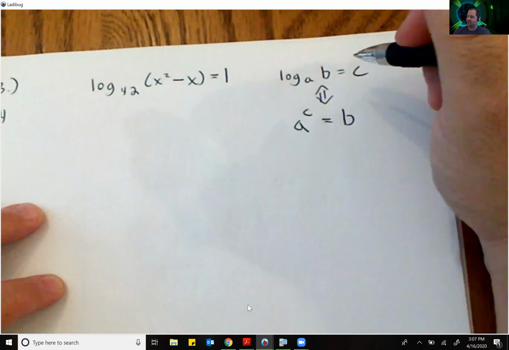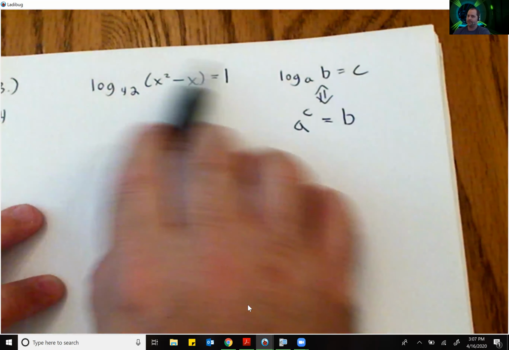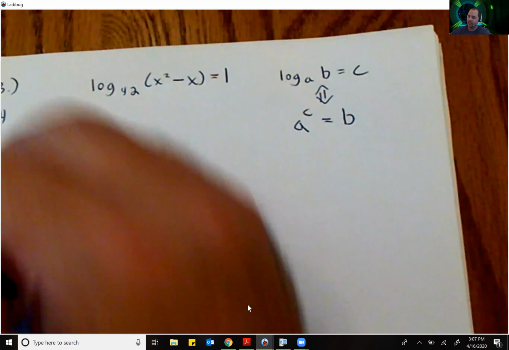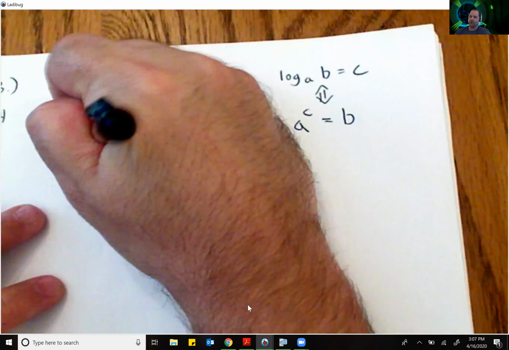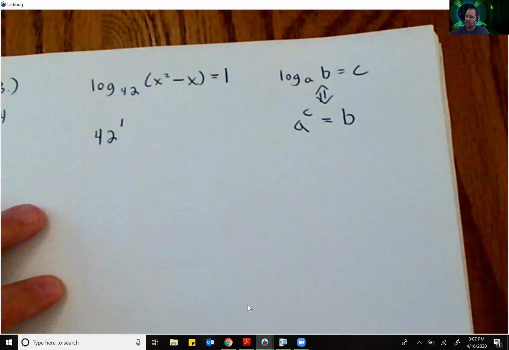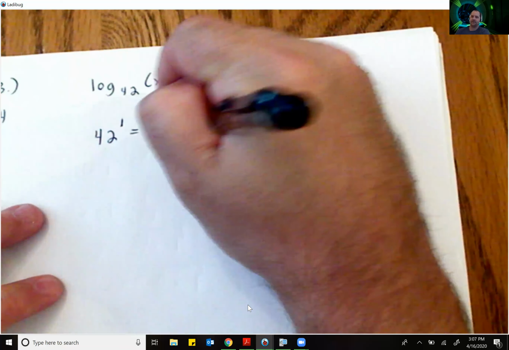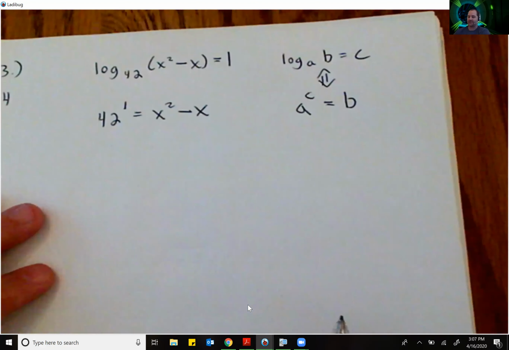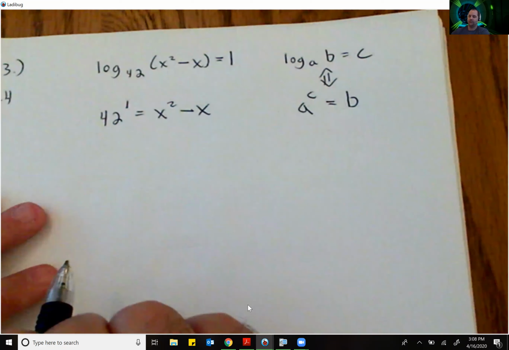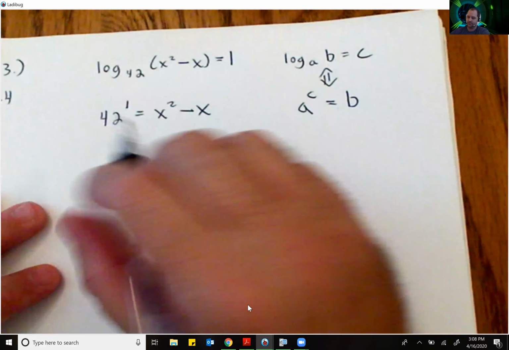So that means that this piece right here looks like 42 to the first equal to x squared minus x. Now that's something that we can solve. 42 to the first is just 42.